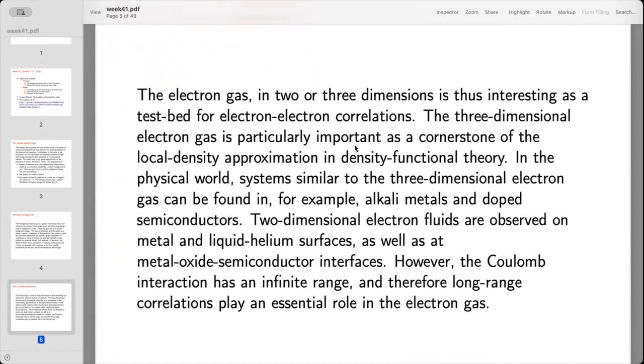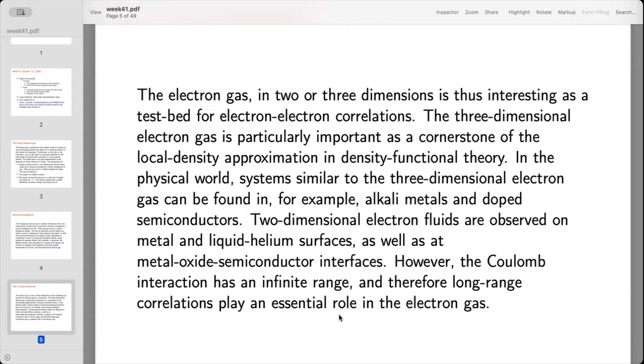And the 3-dimensional electron gas is particularly important as a cornerstone of the local density approximation in density functional theory. In the physical world, systems similar to the 3-dimensional electron gas can be found, for instance, in alkali metals and doped semiconductors. 2-dimensional electron fluids are observed on metal and liquid helium surfaces, as well as metal oxide semiconductor interfaces.